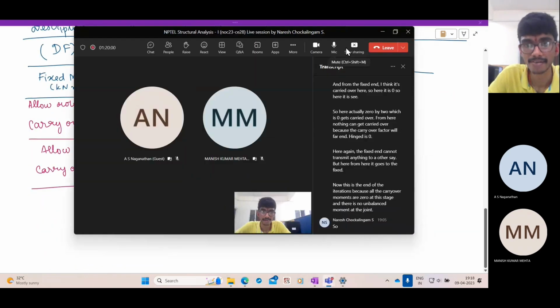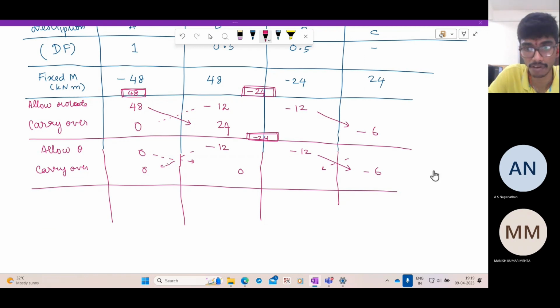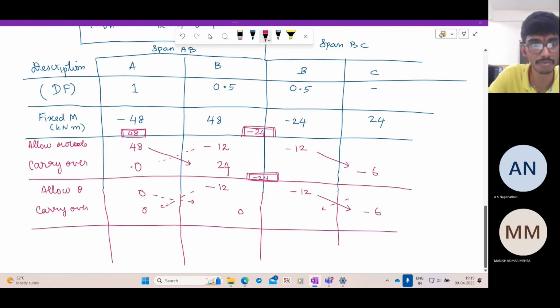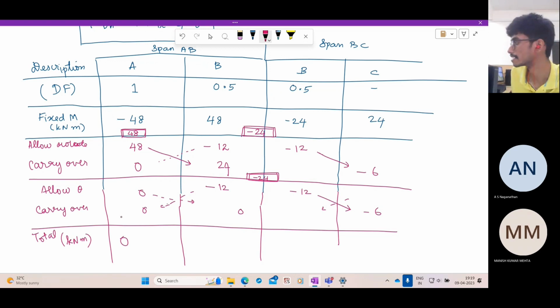So let us compute the total moment after all the distribution is done, in kilonewton meters. Here it is -48 plus 48, which is 0, and that is consistent with the fact that it is a hinged end. It cannot have any non-zero moment. What about the moment at MBA?